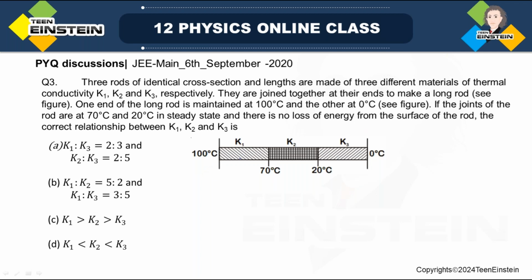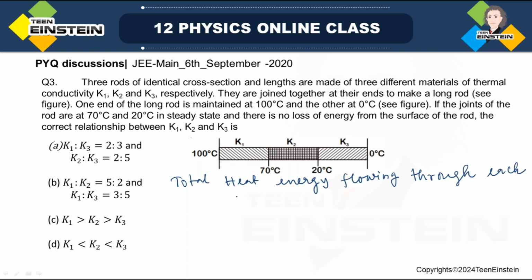See here, it is a very simple problem. Here, you know, the total heat energy is conserved, right? Total heat energy which is flowing will be constant. Heat energy flowing through each rod is constant.